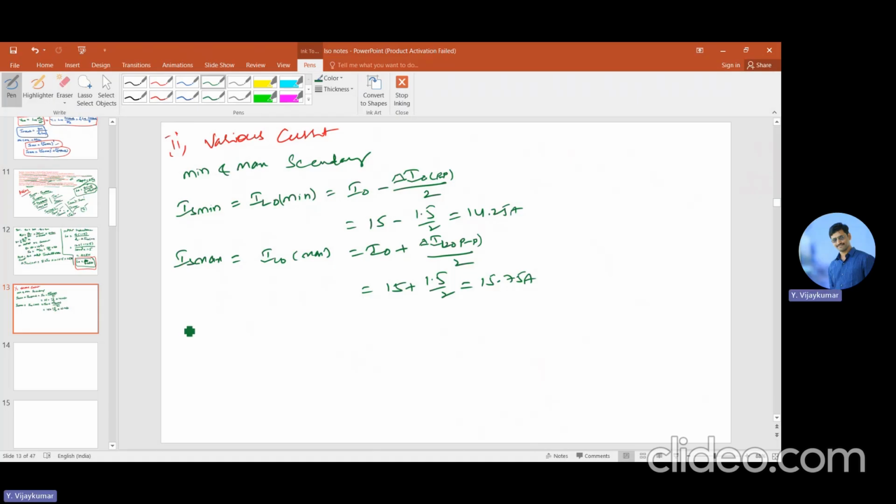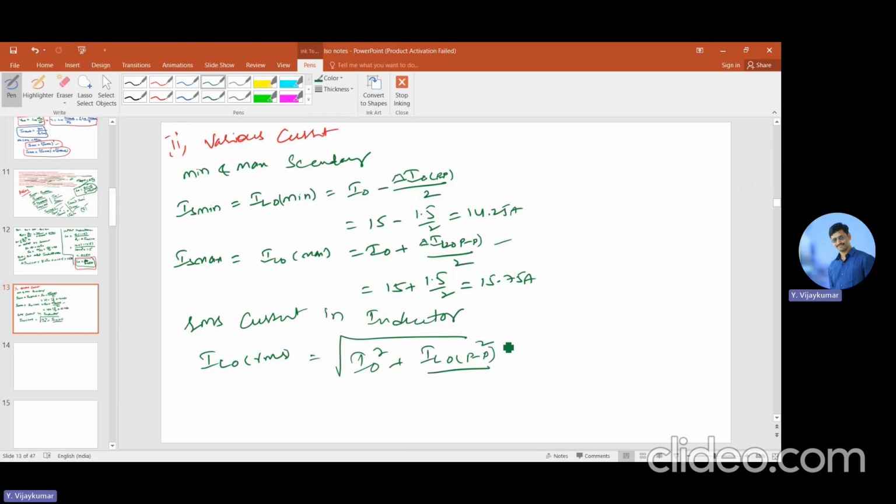Now, what is the RMS current in the inductor? So IL naught RMS is equal to, this is the formula, we have to take the square root of I naught square plus delta IL naught peak to peak square divided by 12.